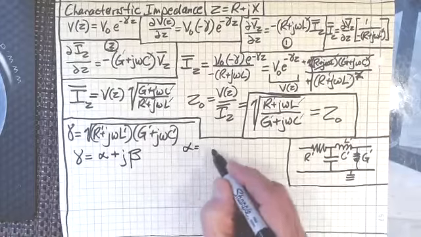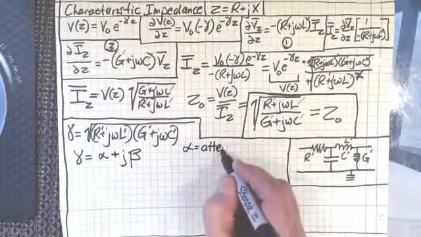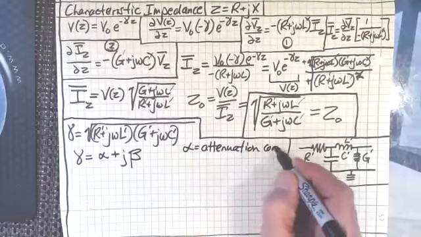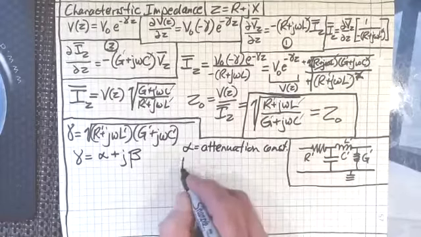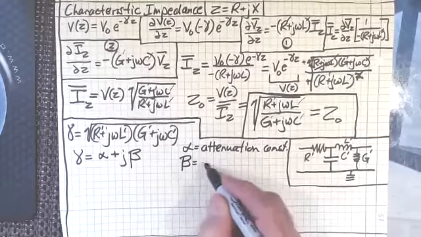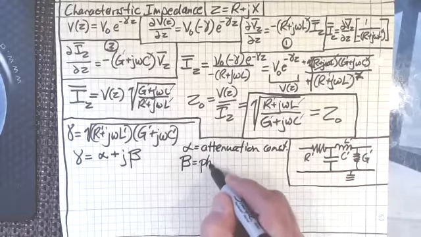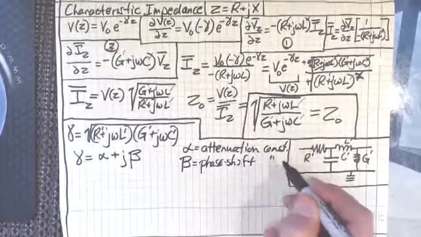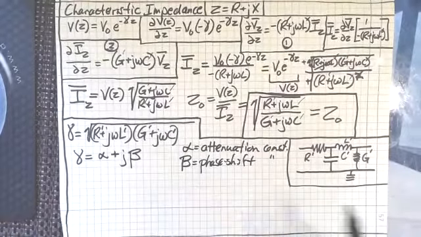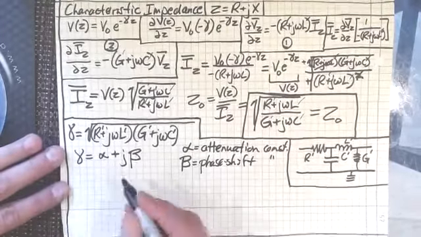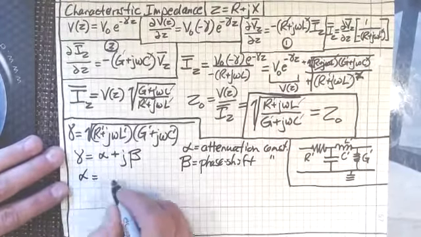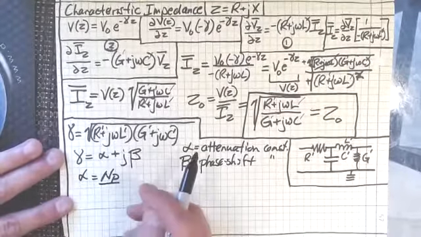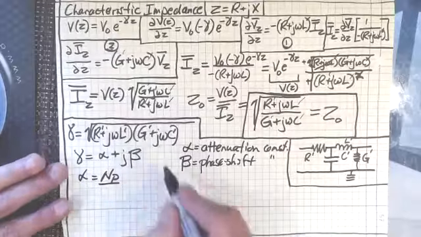Alpha equals attenuation constant, beta equals phase shift constant. All right. What are they in? Oh, okay. Alpha is in nepers. Yes, this is the engineering unit. That's how it works out.